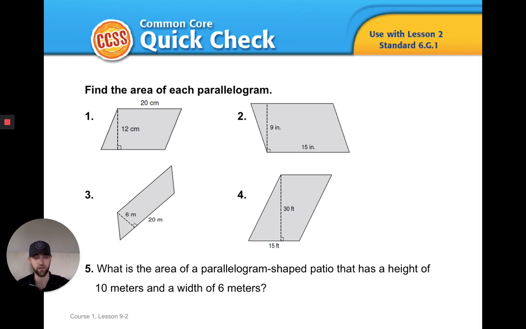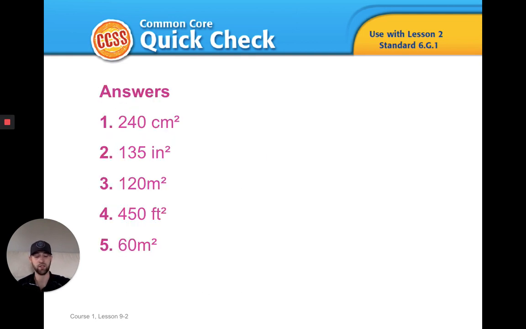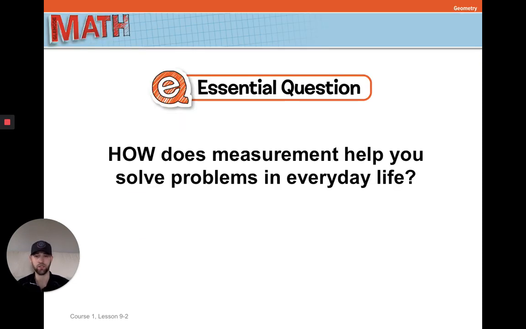Work through those at your own speed, and then you can flip to the next slide or just press play on this video and hit pause to check your answers and make sure you are doing those parallelogram problems right. But completely optional. If you want to do that, great. If not, feel free to just keep on moving on and keep on watching this video.